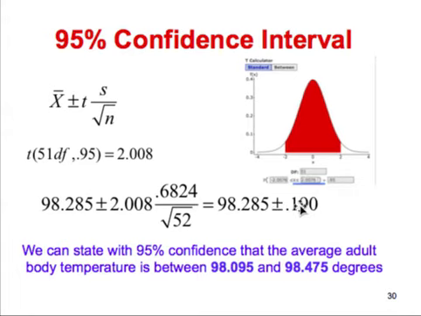And we can conclude with 95% confidence that the true average body temperature of healthy adults is between 98.095 and 98.475.